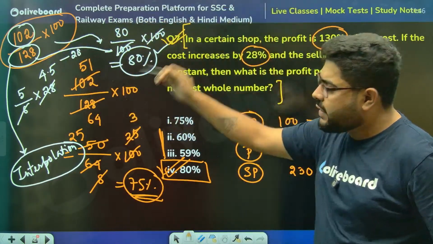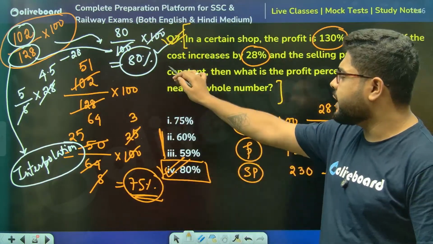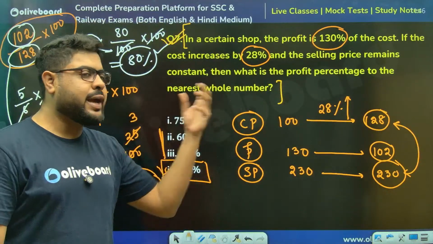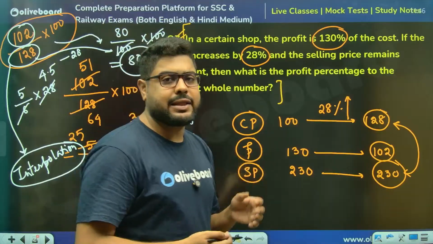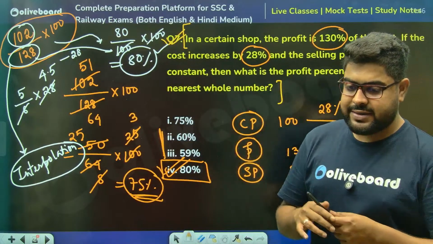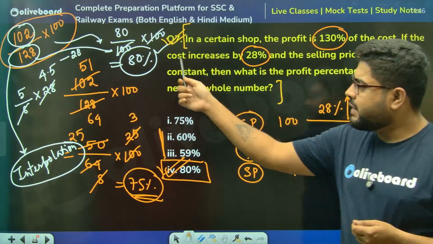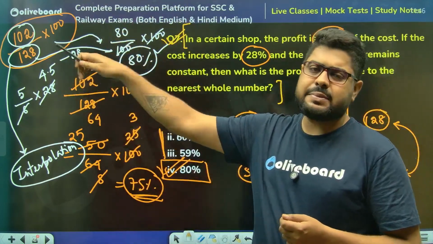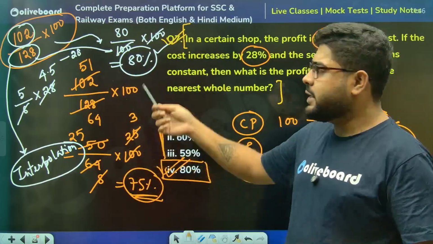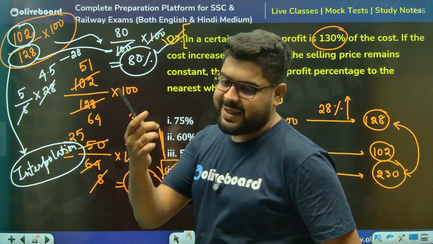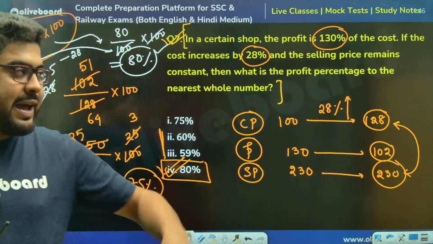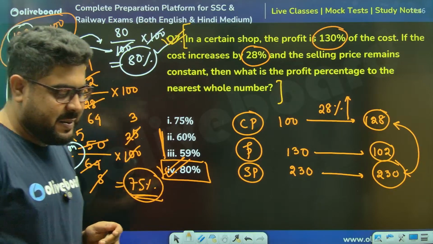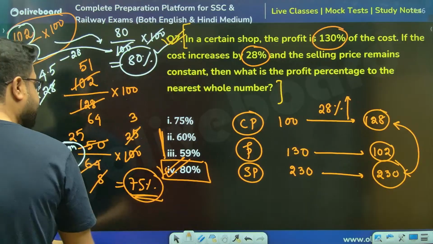This is not a very common or popular method, but it gives you an answer as accurate as 0.2. 0.2 के 2 से ज़्यादा error आता नहीं है without calculators. ठीक है, so if anyone wants to know this, just ask me in one of the theory classes. I'll explain a little bit, or you can have it available in the foundation batches. बहुत जगह पे मैंने ये सिखाया है. Perfect. चलो, moving on, sir.